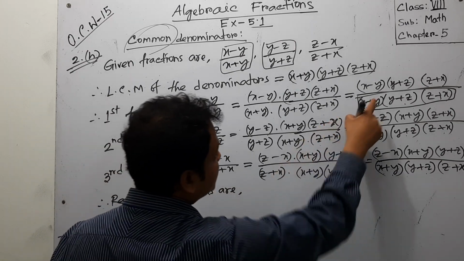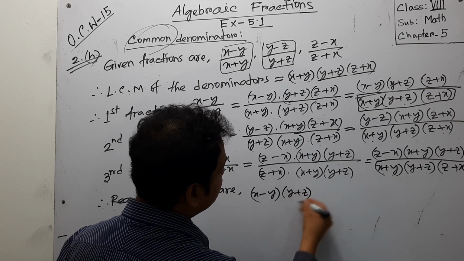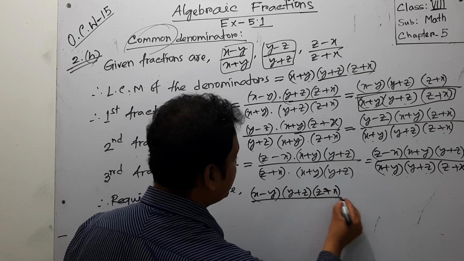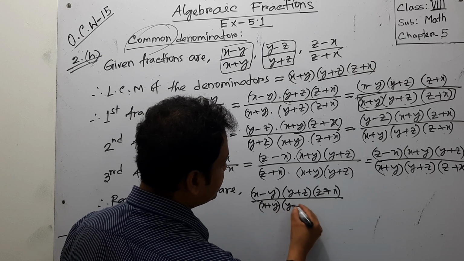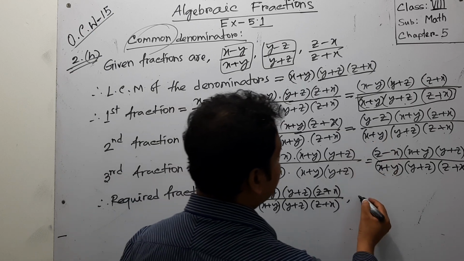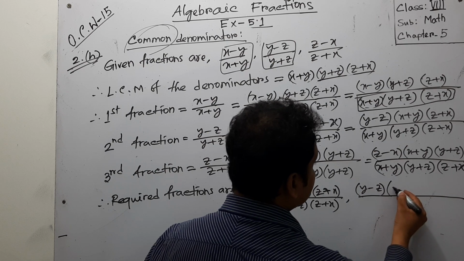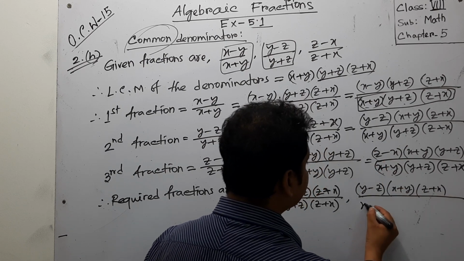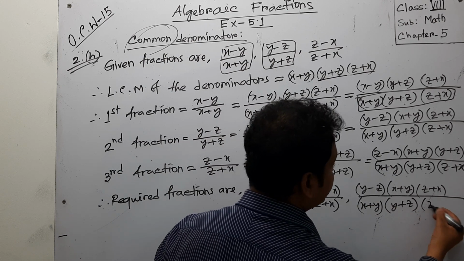what are the fractions? Write the first fraction: x minus y into y plus z into z plus x divided by x plus y, y plus z, z plus x. So this is the first fraction. Then the second fraction we write from here: y minus z, x plus y, z plus x, and in the denominator we get x plus y, y plus z, z plus x.